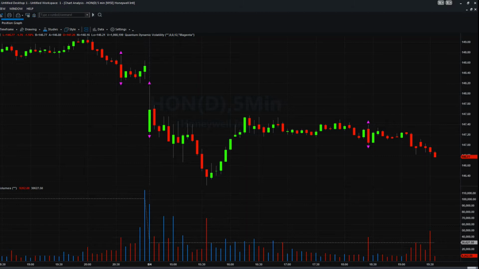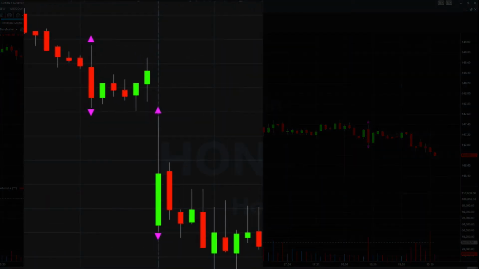If it's within it, then we might consider it to be average price action for that particular time frame and that particular market. But the moment that the price action spikes outside of the average true range, that is the point at which the indicator triggers, and it triggers with a little purple triangle top and bottom of the price action.